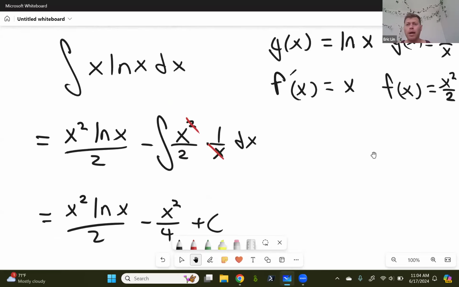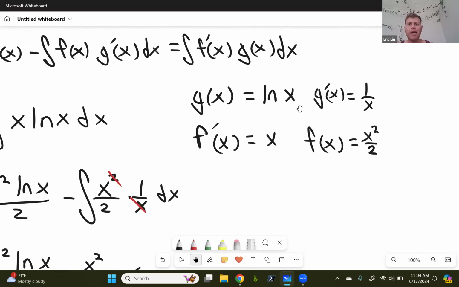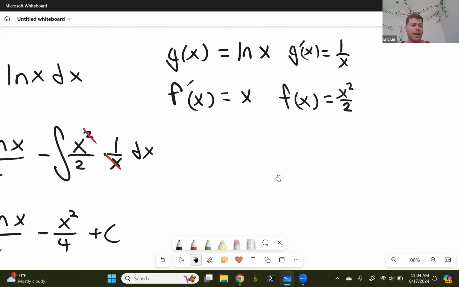And I do want to point out that our weird choice came when we had natural log of x as our other function. If we have, once again, sine or cosine, we probably don't need to make any weird choices. If we have e to the x, we probably don't have to make any weird choices.